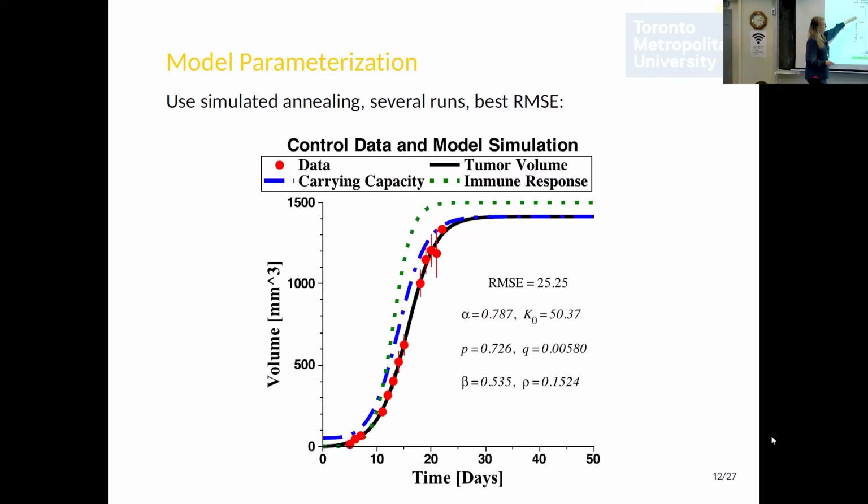And this is the fit to the data we get. This is the average of the data points. We fit the model, and the green is the immune response. So the immune response is there, growing alongside the growing tumor, and growing the carrying capacity. Okay, so that is the base model.